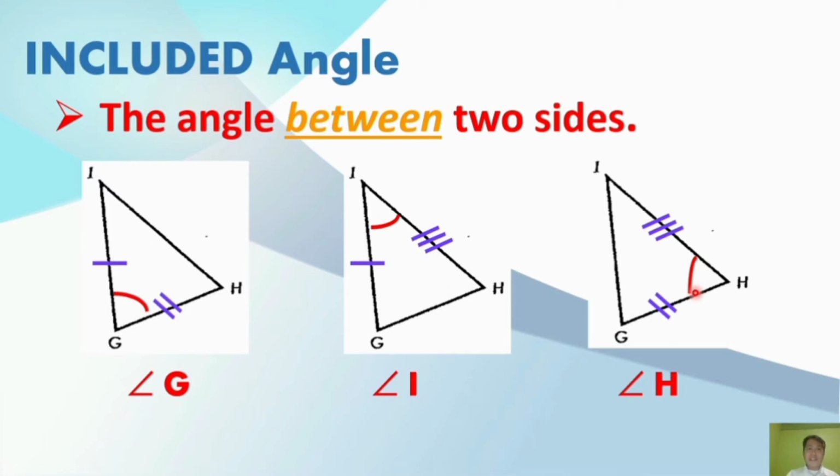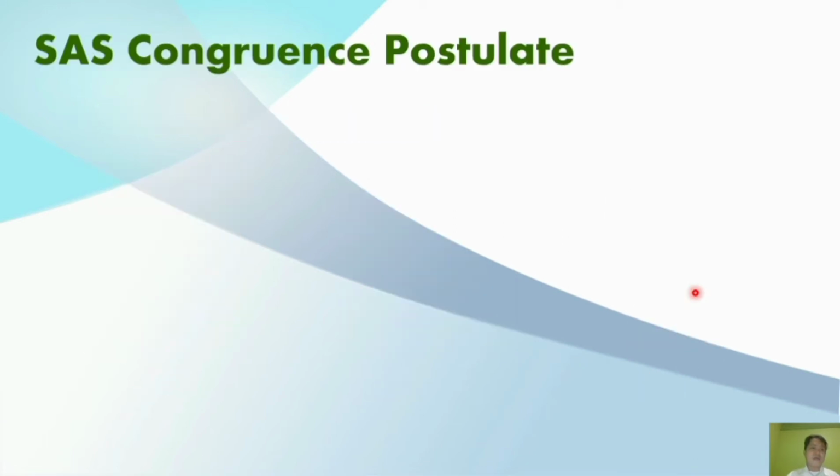Okay, since we already know what included angle is, let us now give an example about SAS Congruence Postulate. Bakit nga ba natin binigyan ng halaga or binigyan ng pansin yung included angle? As we can see, in SAS the angle is positioned between two sides. So yung angle na tinutukoy dito is actually an included angle.